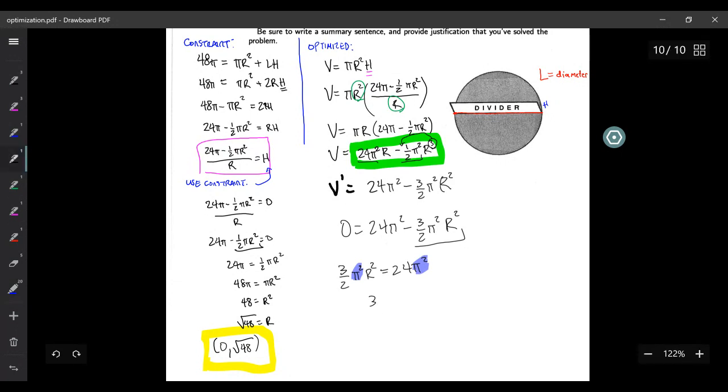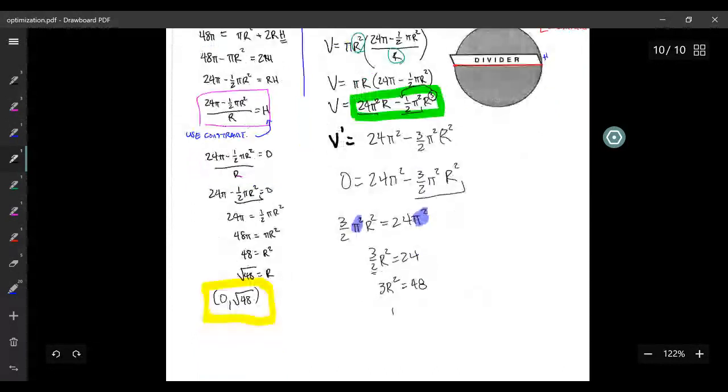So you get 3/2 r squared equals 24. I'm going to multiply by 2, then divide by 3. That gives me that the radius of 4 is a critical point.